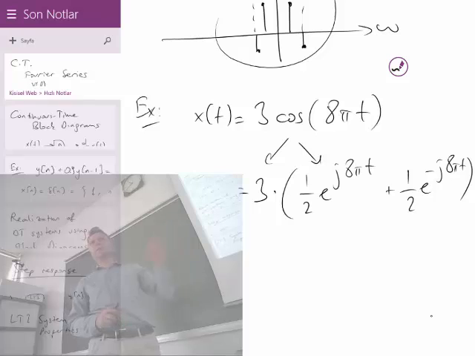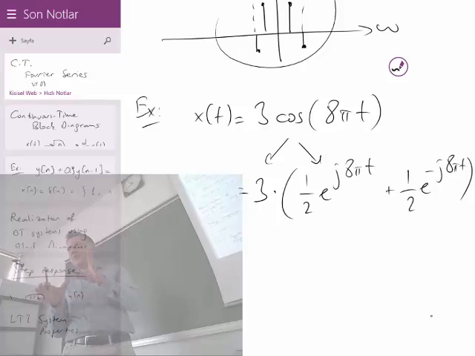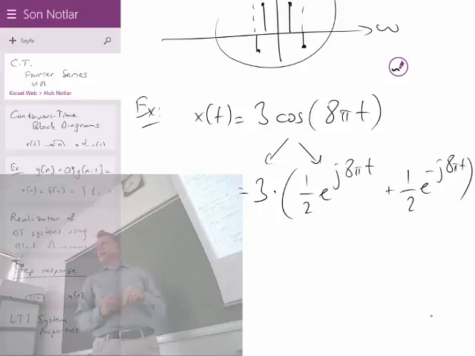Do you remember this formula? This is the expansion of a cosine. The expansion of a sine is a little bit different. It has a minus sign in between, and it's not 1 over 2, but 1 over 2j for a sine. So this is cosine anyway.